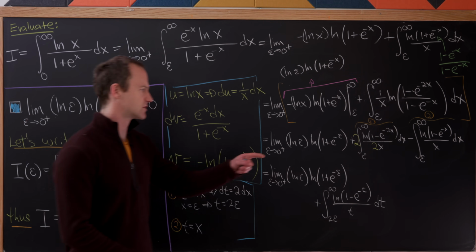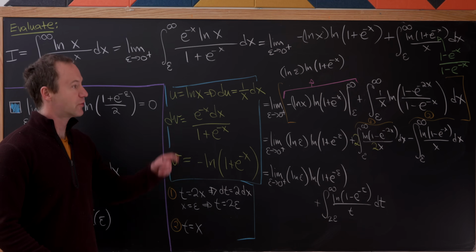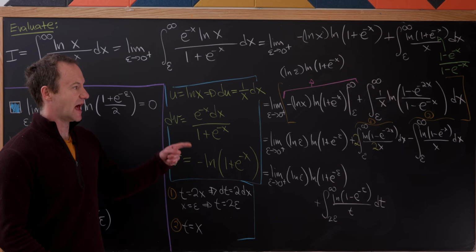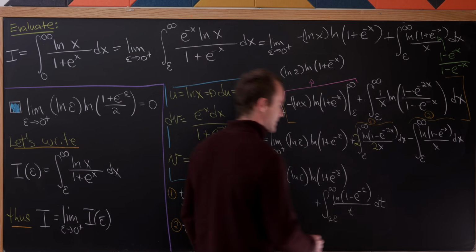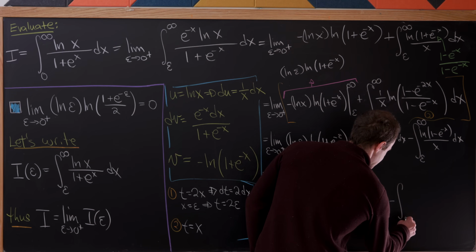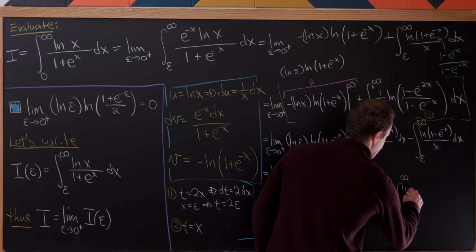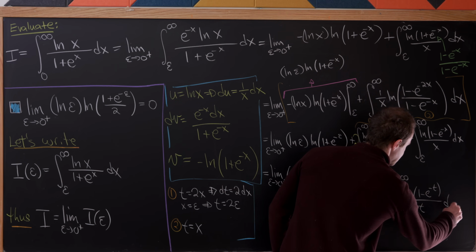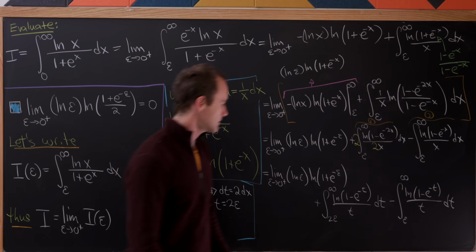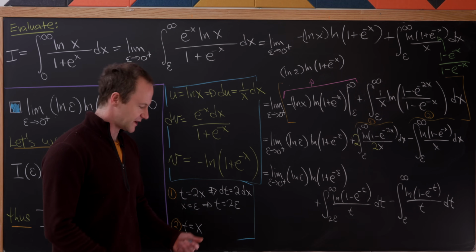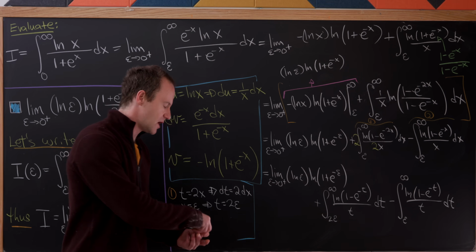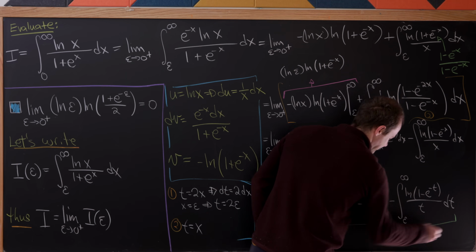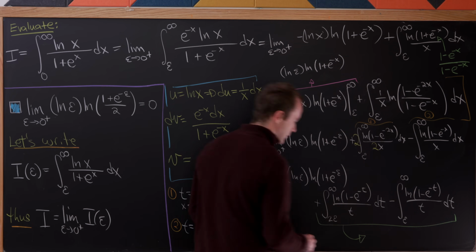And then the second integral is going to look pretty much exactly the same, except the x's and the t's will swap. So we'll have minus the integral from epsilon up to infinity of the natural log of 1 minus e to the minus t over t dt. Okay, so I think we're in a pretty good spot. Maybe I'll do one partial step right here, and we'll start with the full step at the top of the next board.